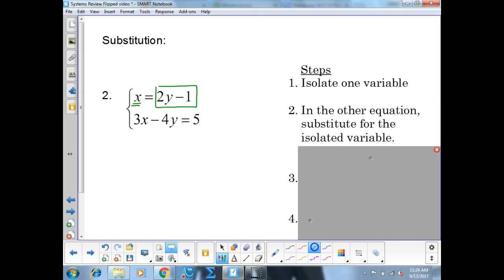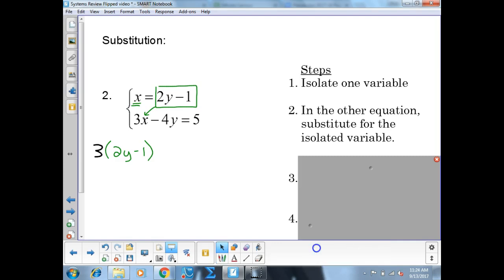The second step then is, in the other equation, substitute for that isolated variable. So I'm going to put into that equation what my x value is. So that's going to be 3, and then now instead of x, it's going to be 2y minus 1. And then minus 4y is equal to 5.